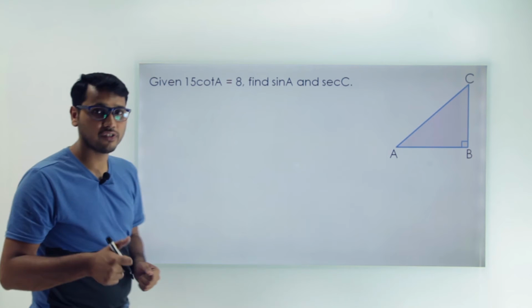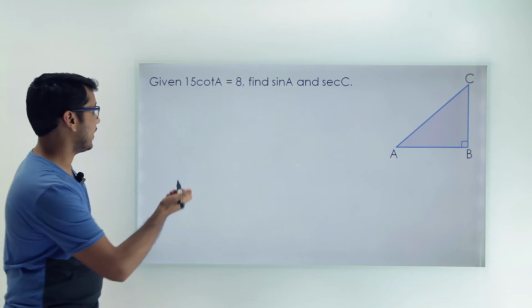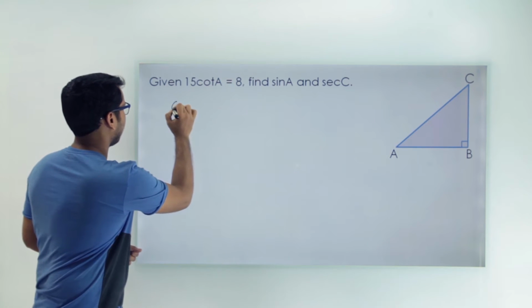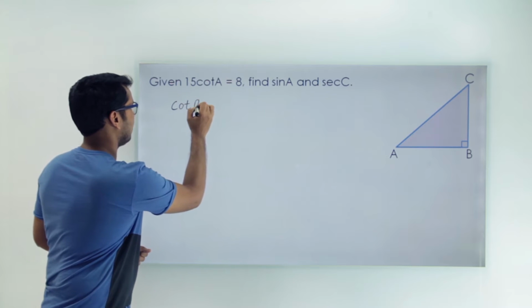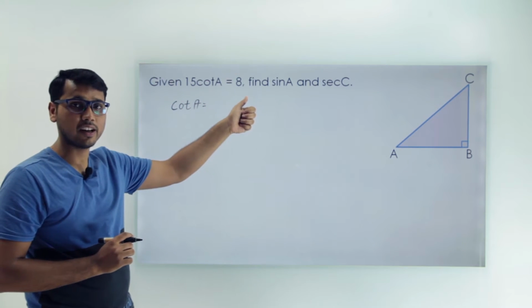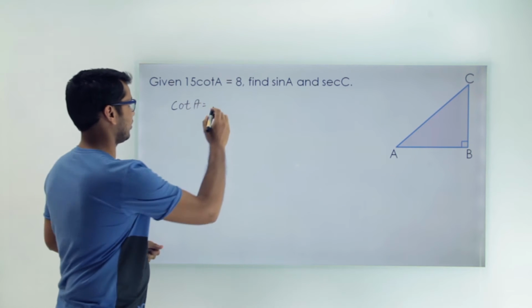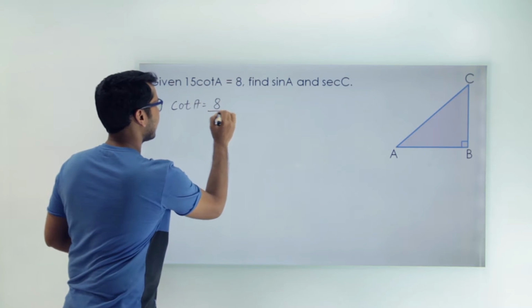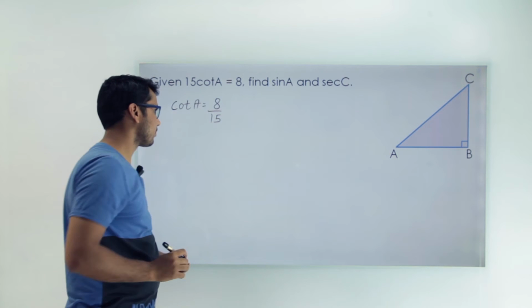So let's first find the value of cot A. If I take 15 down, this becomes 8 by 15. So cot A will be 8 by 15.